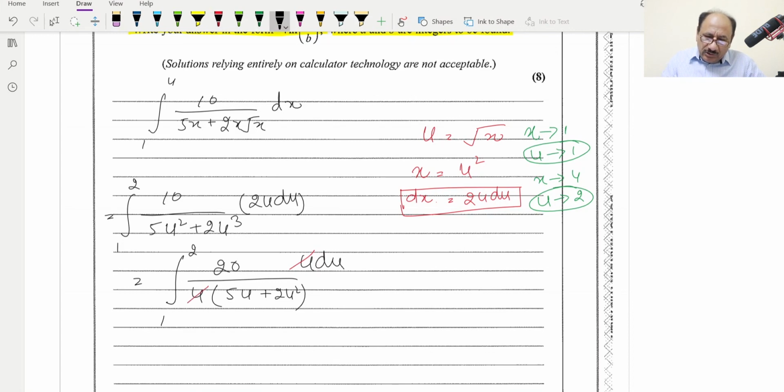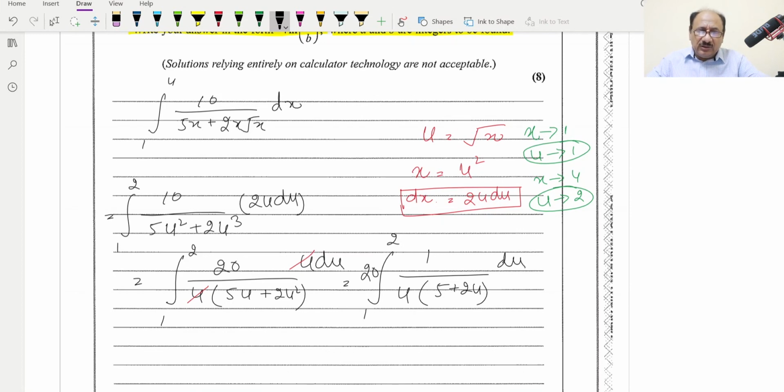Our equation will modify to integral 1 to 2, and 20 we can write outside, and this will be 1 over u, and again we can take u common out, so it will be 5 plus 2u and du.